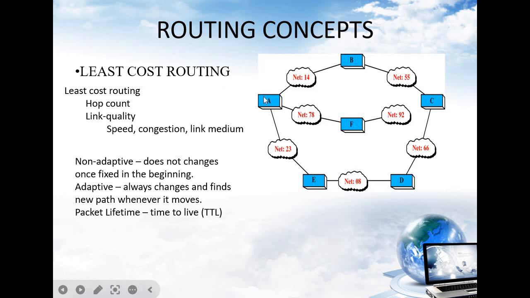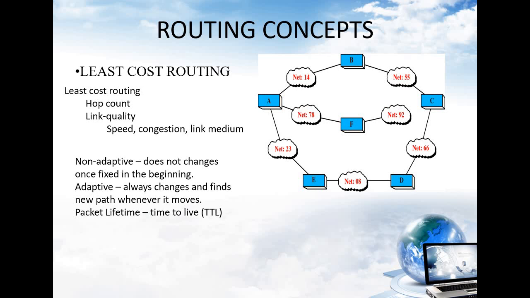Here A's neighbors are B, F and E. Through network ID 14, it can connect with B. A can connect with its neighbor F with network ID 78. And A can get connectivity with E through network ID 23.